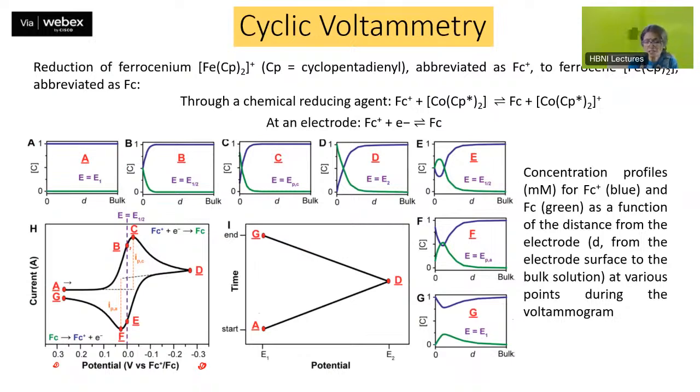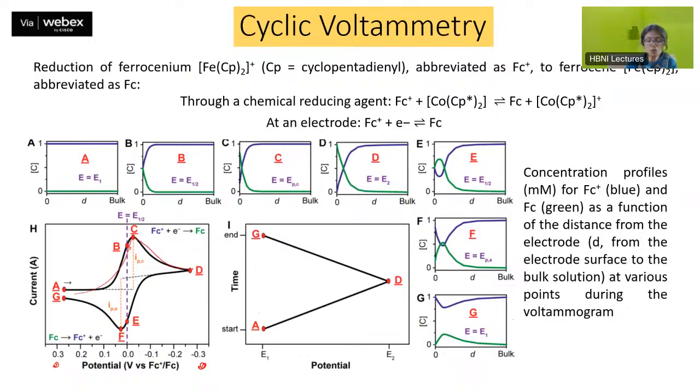And so if Fc+ is in the highest concentration, then gradually the concentration of Fc increases as you are decreasing the potential. Then gradually you can see how the concentration of each component changes, and accordingly you will get this particular plot.